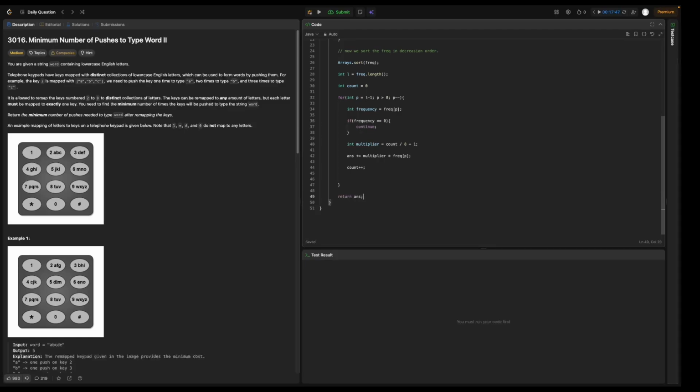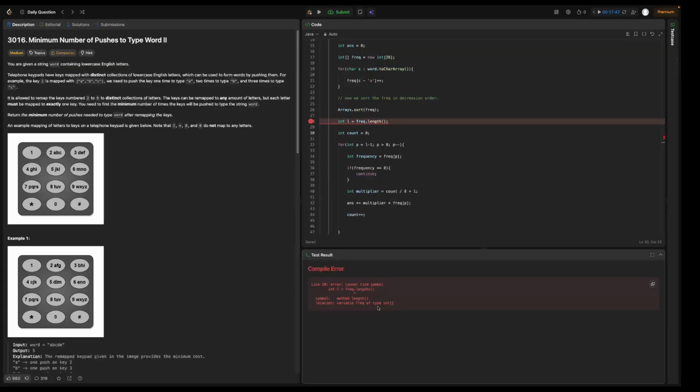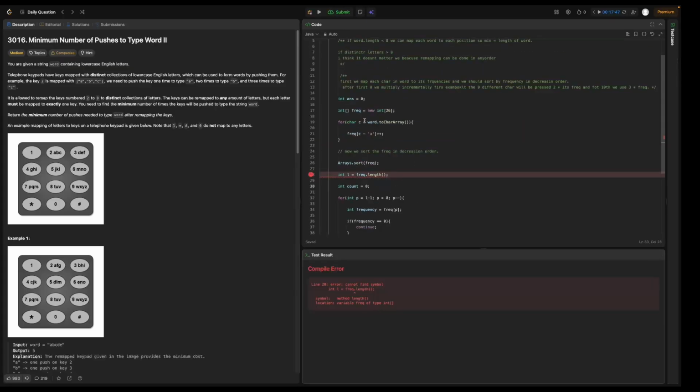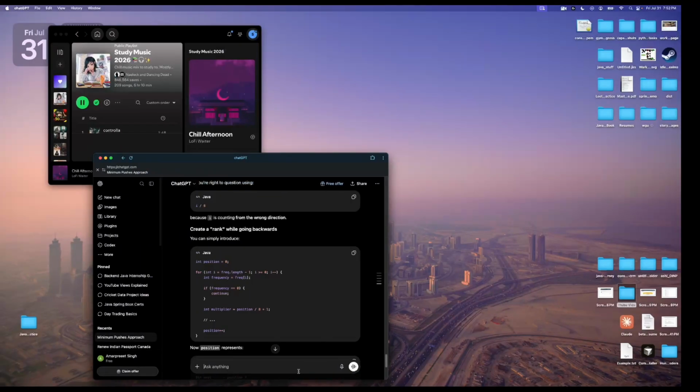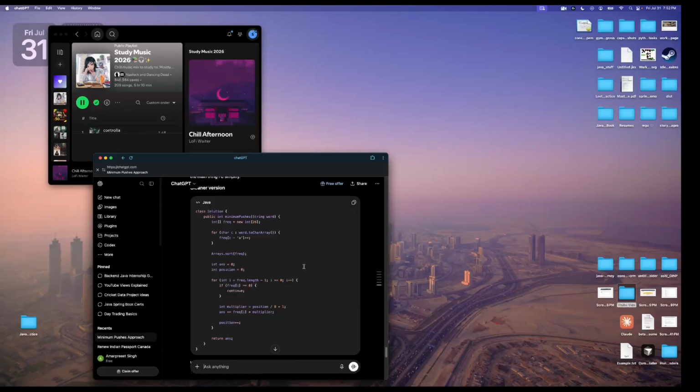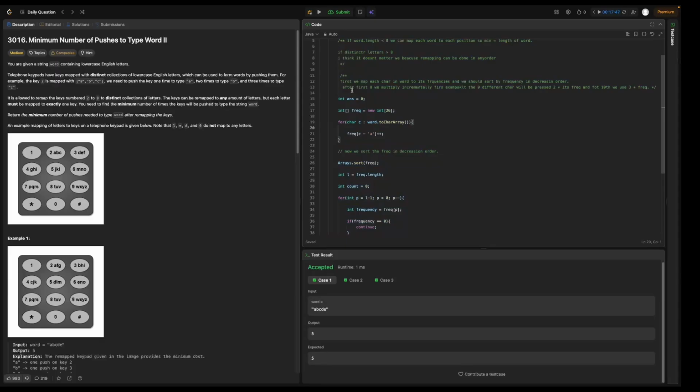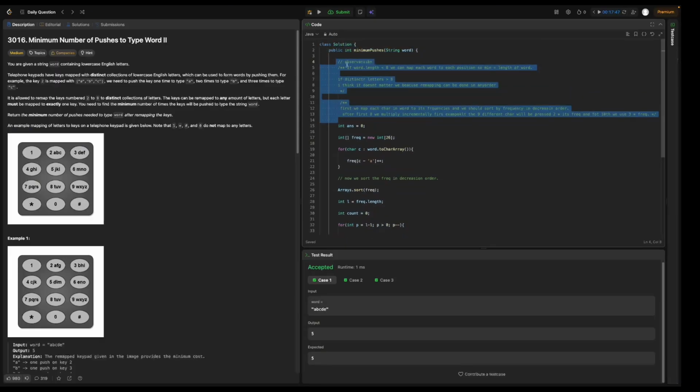I think this should work, let's try to run this. Frequency dot... cannot find freq integer array. Let me clean this up. Let me remove all this crap that I wrote.